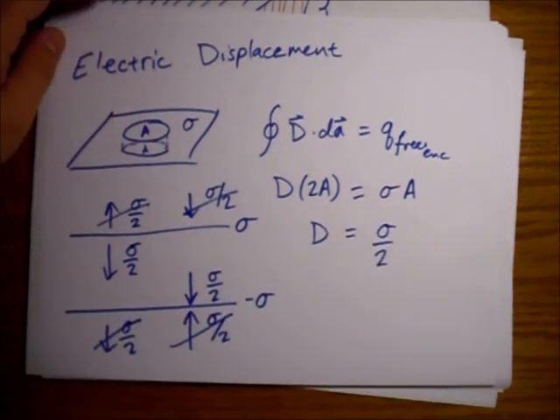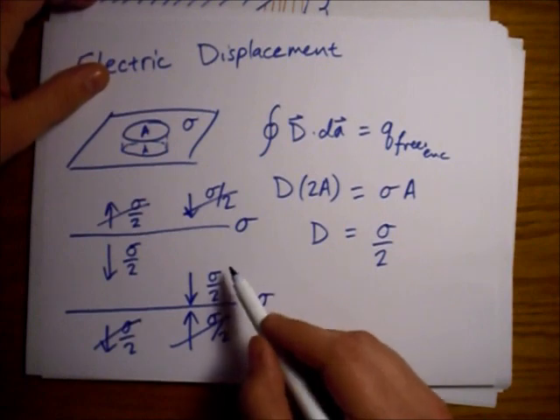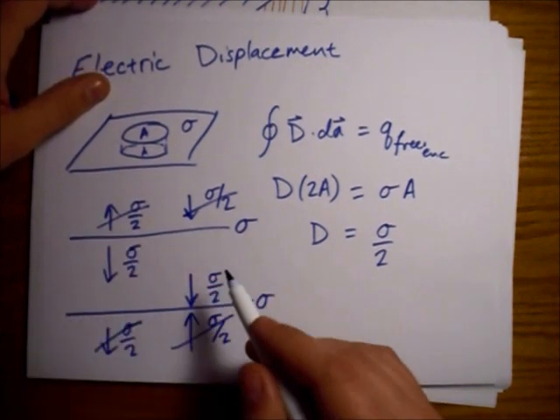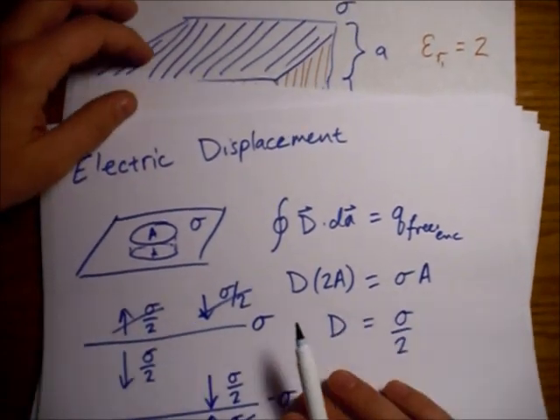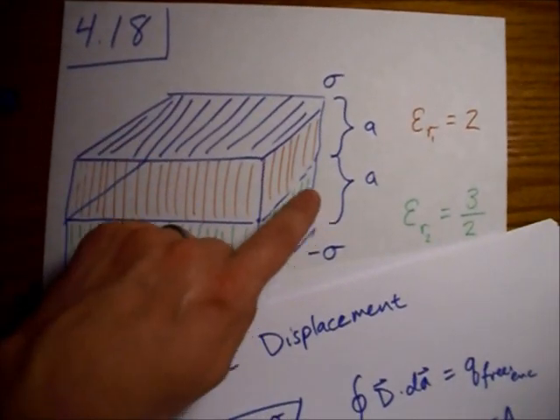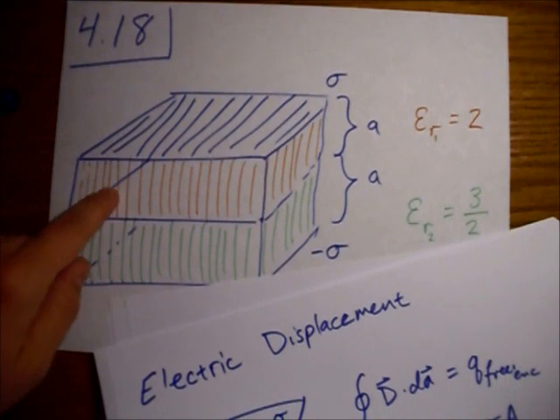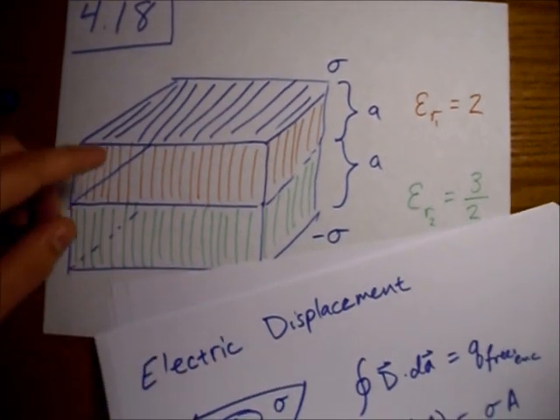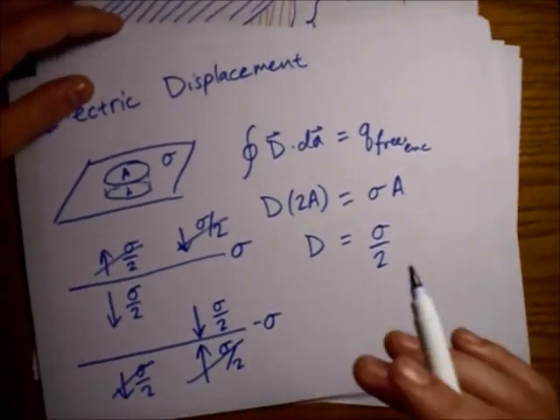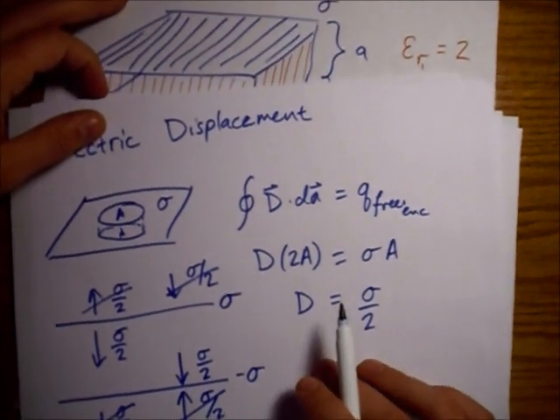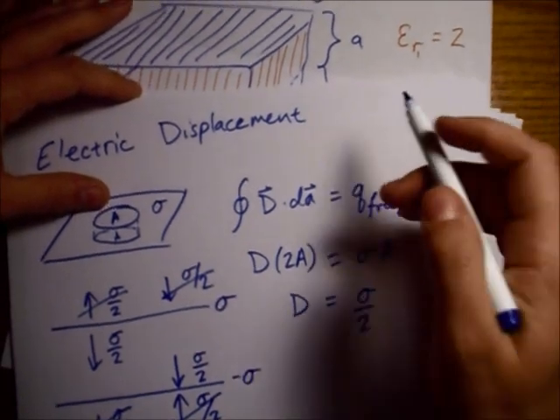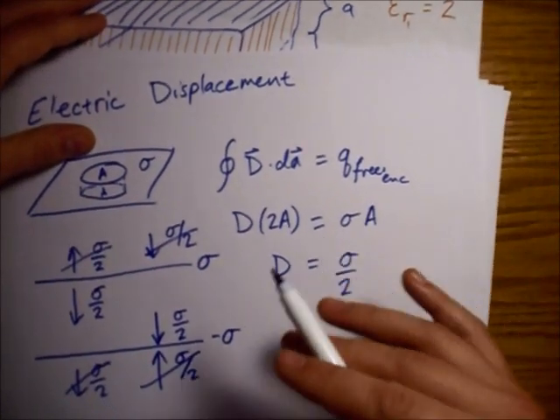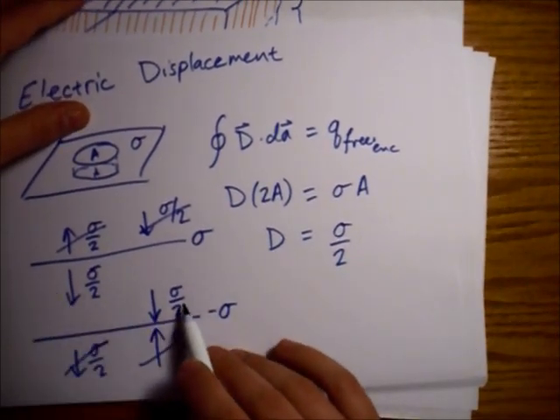So our answer for this portion of the problem is that we're just looking for the displacement between these two sheets of charge, that is in this red region and also this green region. And it's the same in both because it's all due to just the free charges on the very top and the very bottom. And we just add these together.